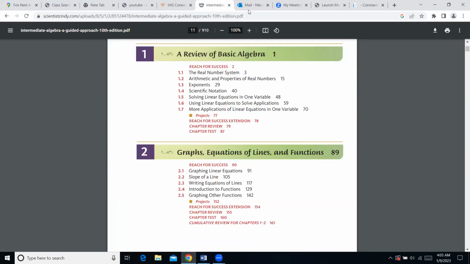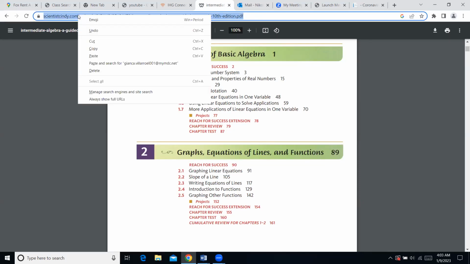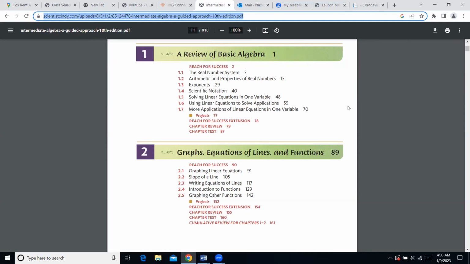I hope you all had a chance to download this textbook to your device, whatever it is, computer or laptop or something else, but make sure that you download it, right? I'll be talking about this again and again, because it looks like more and more people are logging into the Zoom, and that's great.